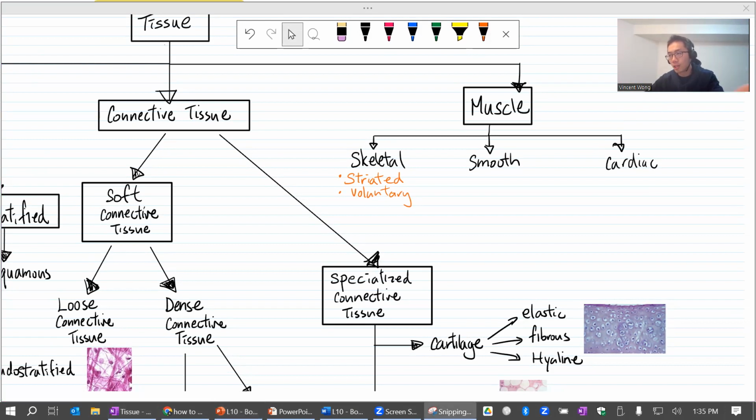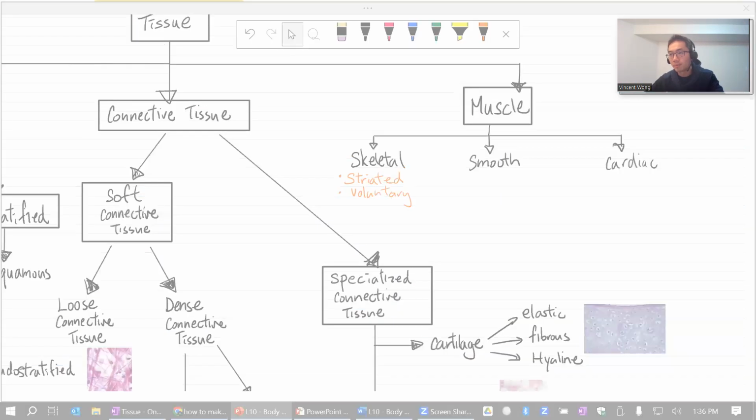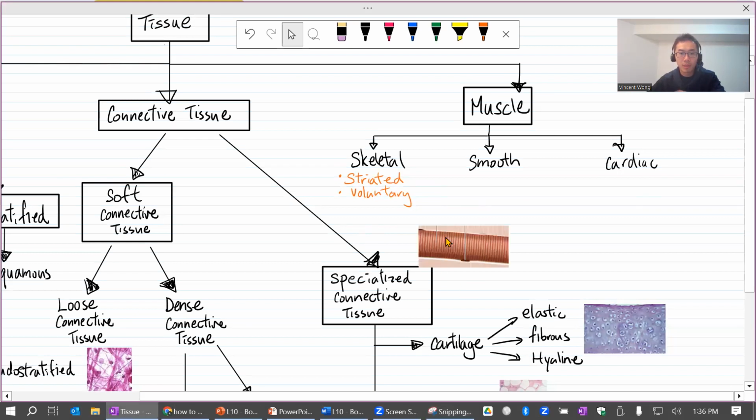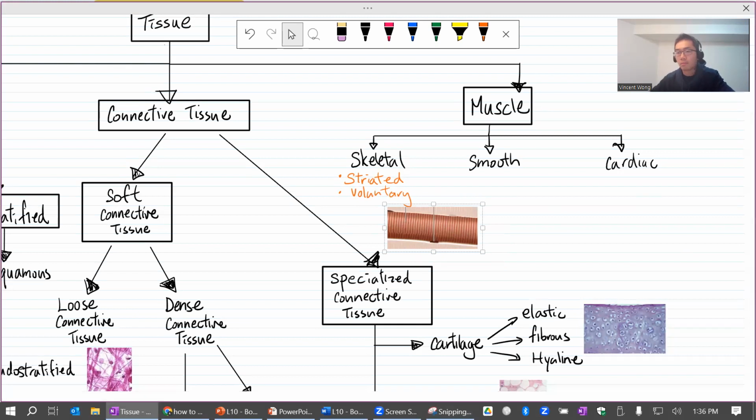So did you guys know any muscle name at all? No, nothing? Usually people know 1 or 2 muscle names. What's this thing called again?